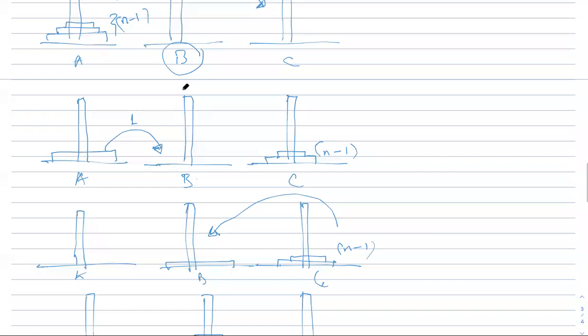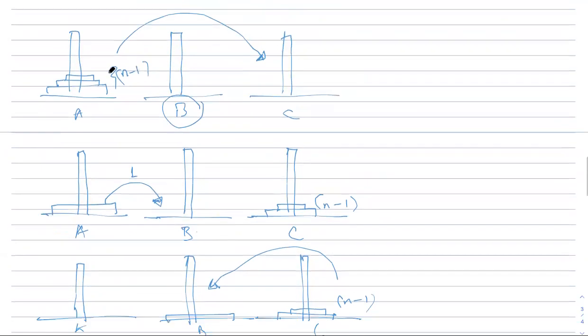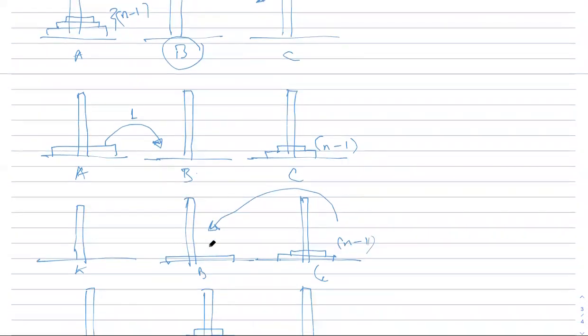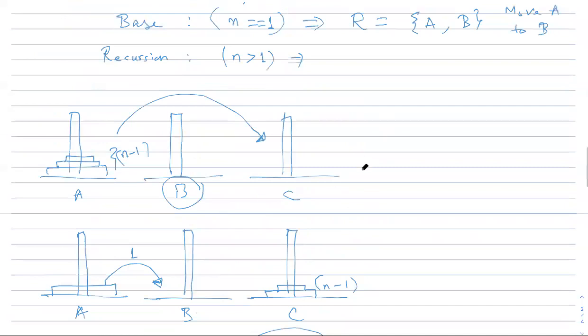Okay, so we saw it with 3, and that is good enough for us. The first step was to move n minus 1 disks from A to C with the help of B. Then you moved just the remaining one, and then we moved the n minus 1 from C to B with the help of A. So we just put this down here.